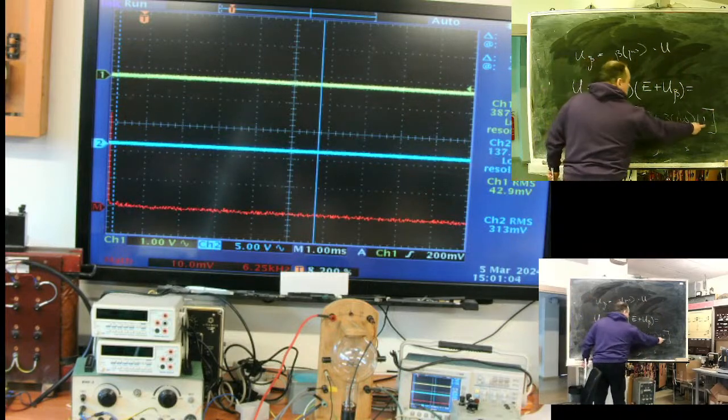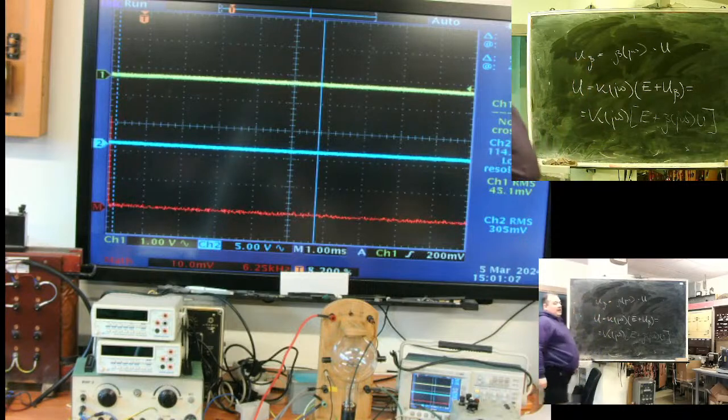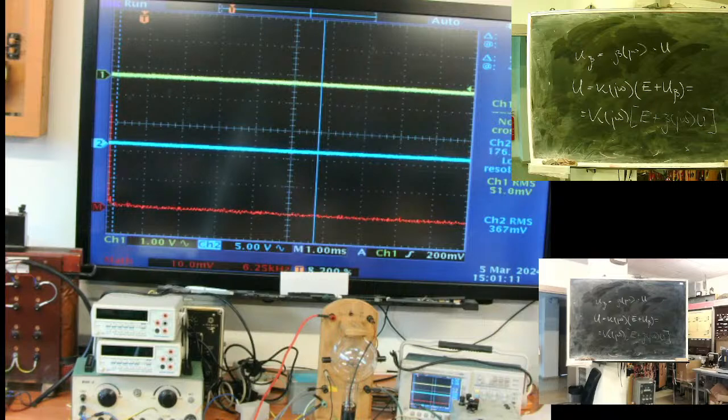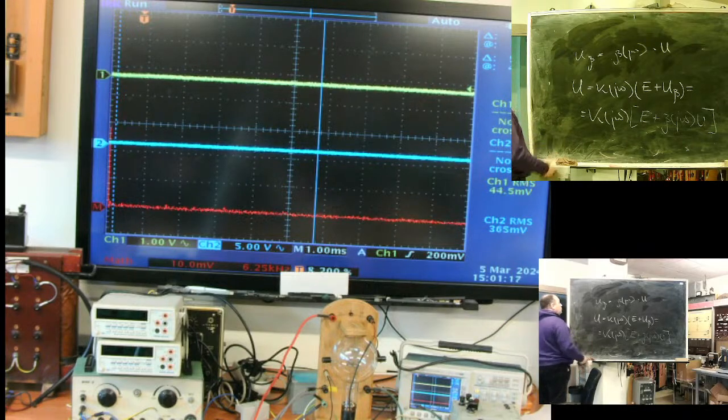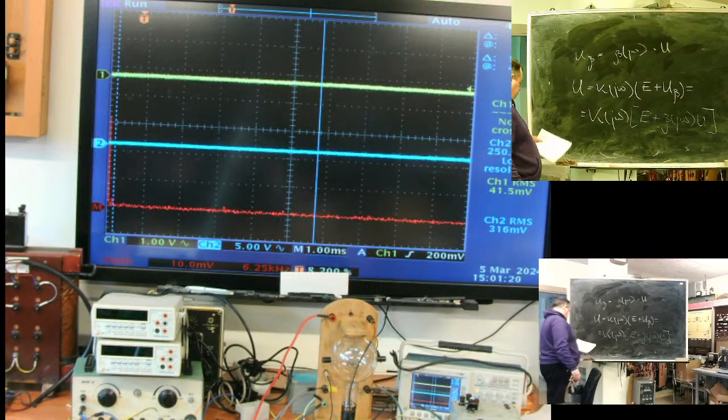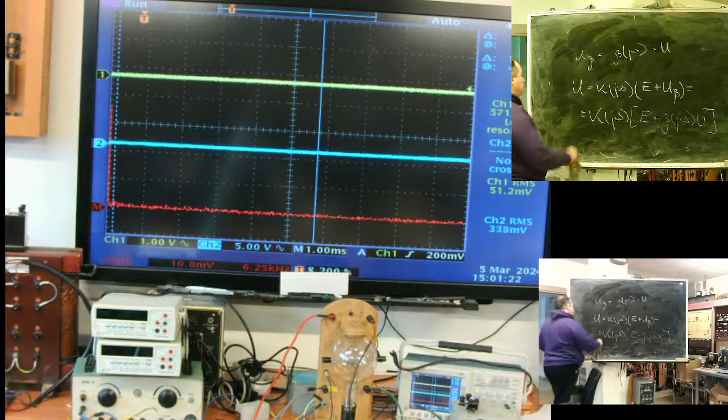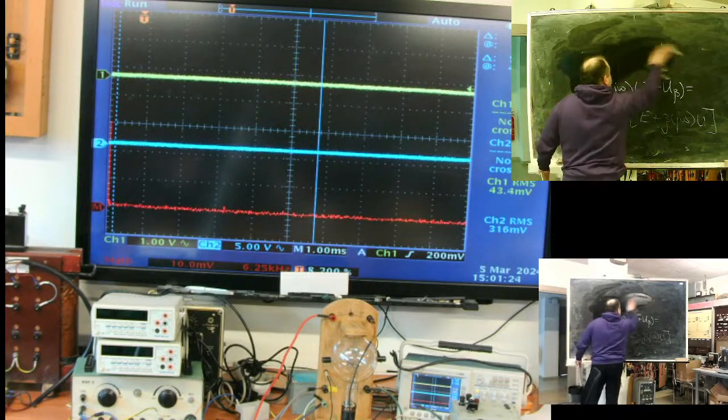In general it should be a spectral function. I can solve this equation relative to the output. It's easy.